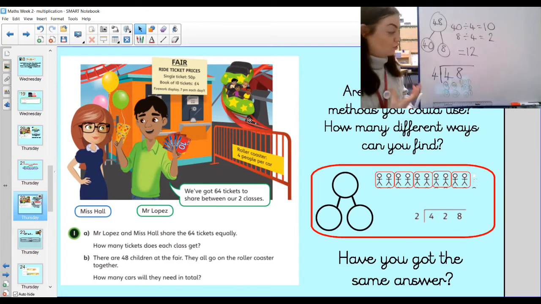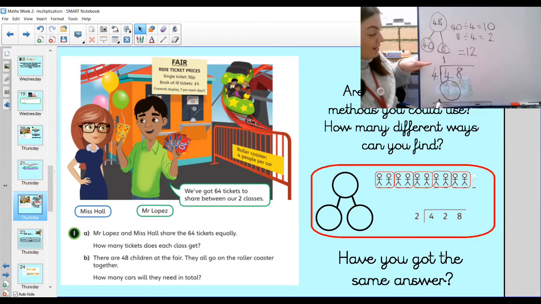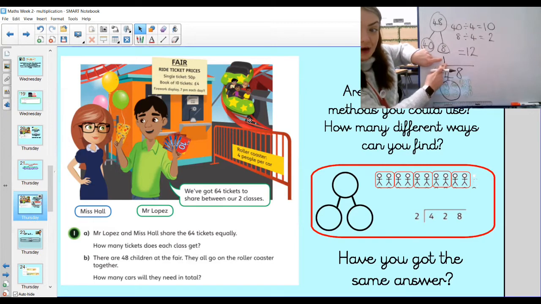Now, to do my short division, you simply see how many lots of 4 you can make. It doesn't matter whether it's 10s, hundreds, or thousands, it's how many groups of 4 you can make. So here, 1, 2, 3, 4, that is all of my counters there. So how many lots of 4 10s have I got? 1. Because I'm working in my 10s column, my answer stays in that 10s column.